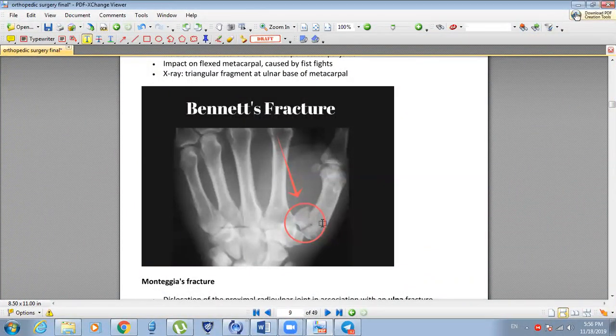So up till now we have Cooley's fracture, which is an extra-articular, dorsally displaced fracture of the distal radius. Number two, Smith fracture, which is an extra-articular, volarly displaced distal radius fracture. Then Barton fracture, which is an intra-articular fracture of the distal radius.